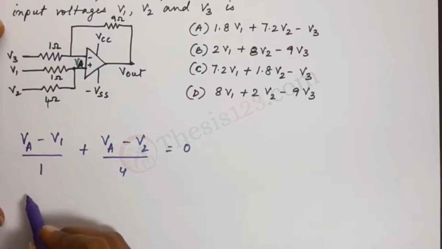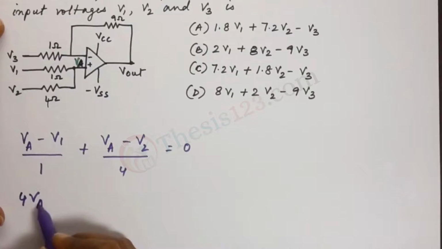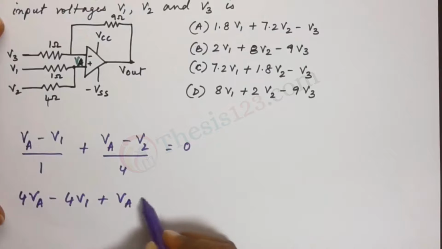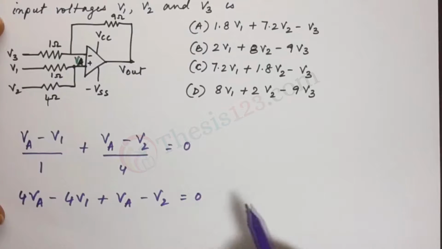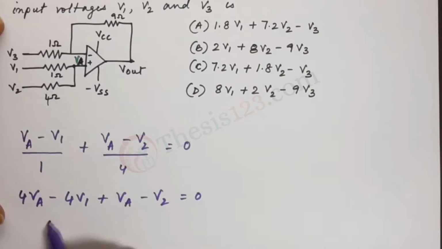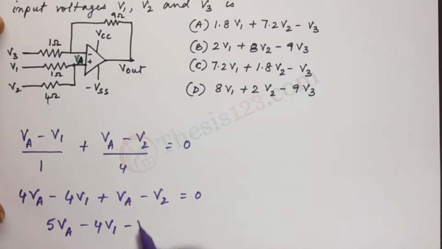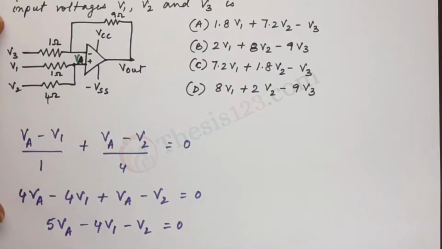So let's simplify this and see what we get. We get 4VA minus 4V1 plus VA minus V2 is equal to 0. That would give us 5VA minus 4V1 minus V2 is equal to 0.